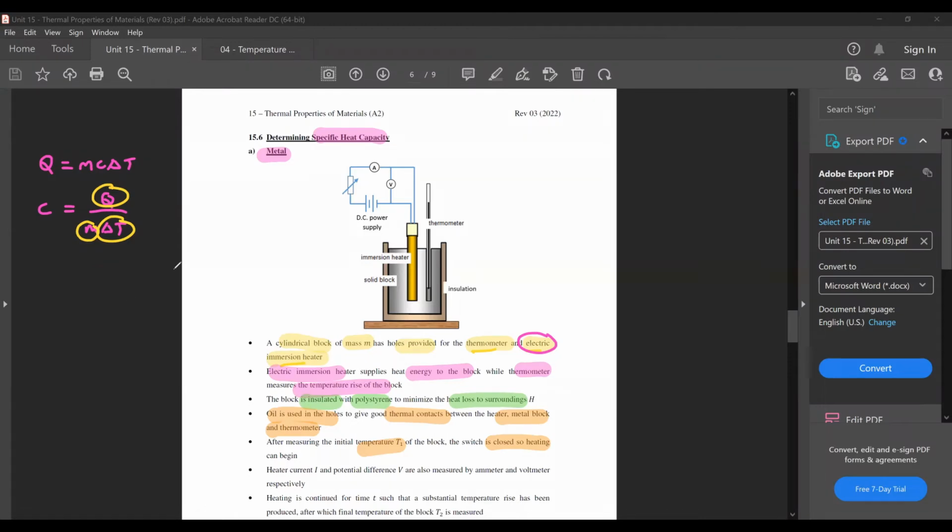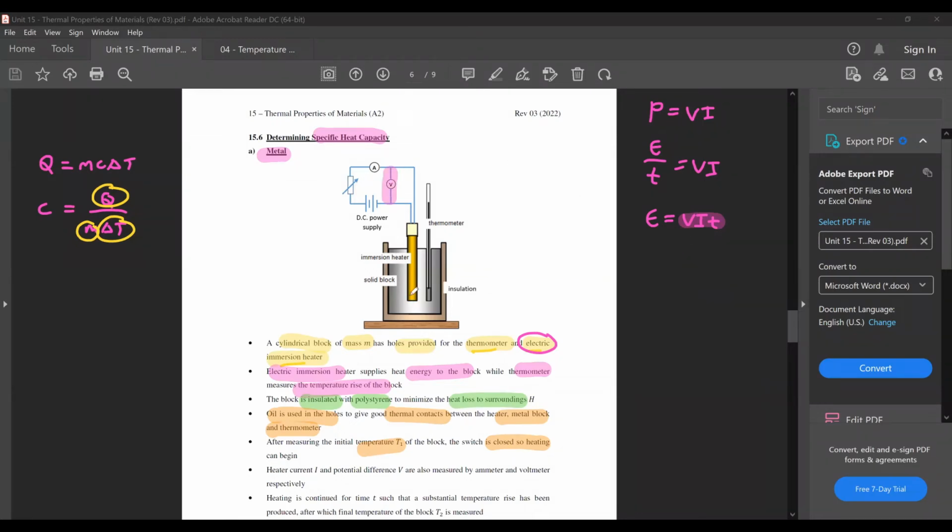If you remember from your current electricity in AS physics, power is VI, and power is energy over time, so VI equals energy over time. So energy is VIT, right? So the reason why we want to use an electrical method of heating your block is so that we can easily calculate the heat energy that has been supplied.